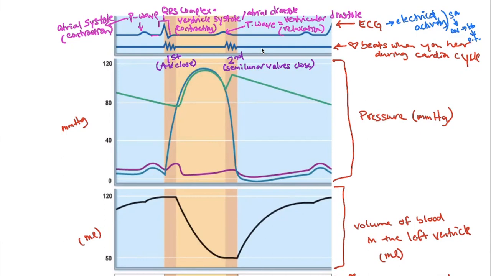So first thing is we have this pressure right here. This pressure line is aortic pressure. And then we come down to this next line right here, and that is atrial pressure.